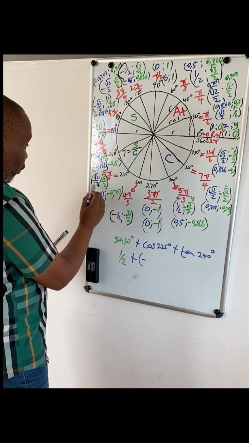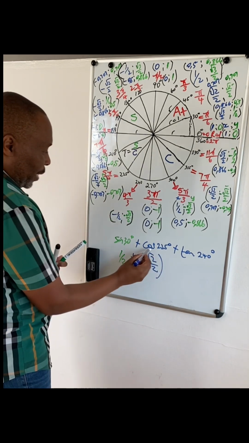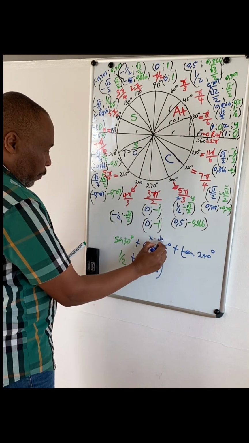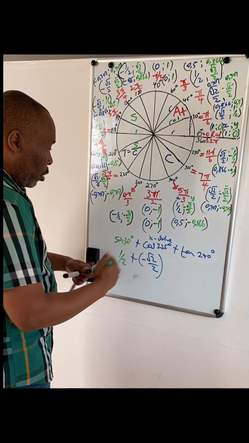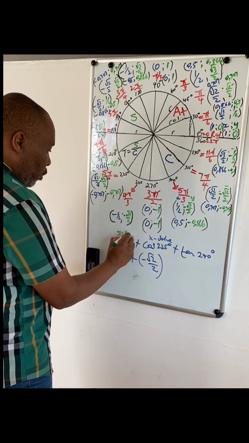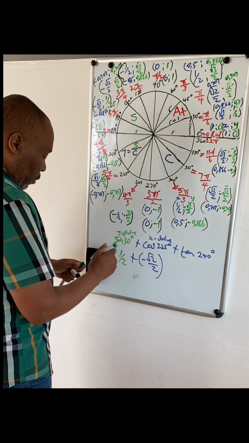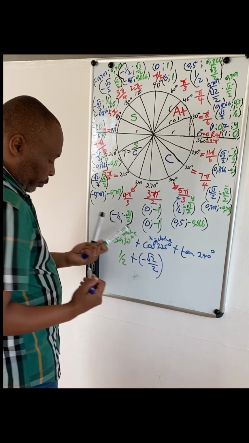Here, cos 225 is negative root 2 over 2, because we're taking the x value here. And here, we took the y value. You see? It's the y value, it's the x value.